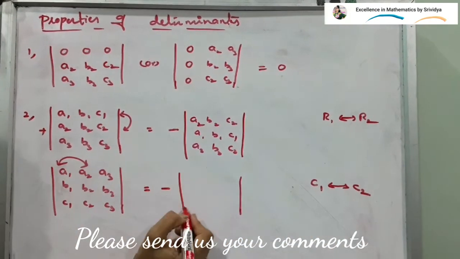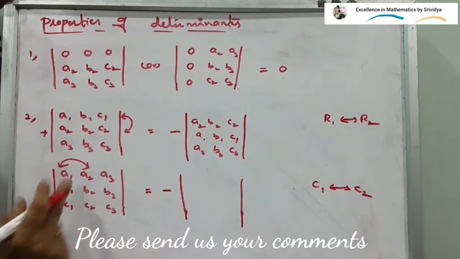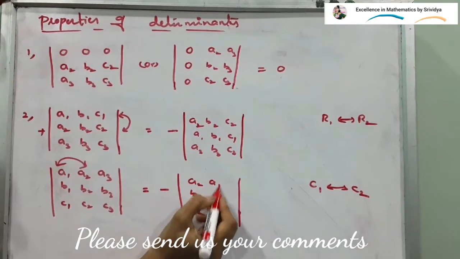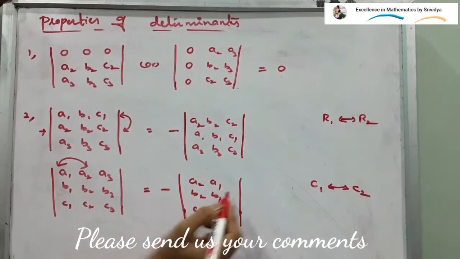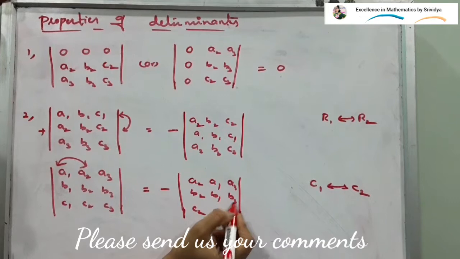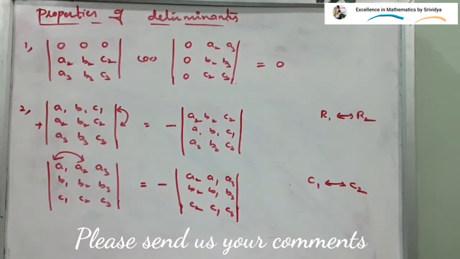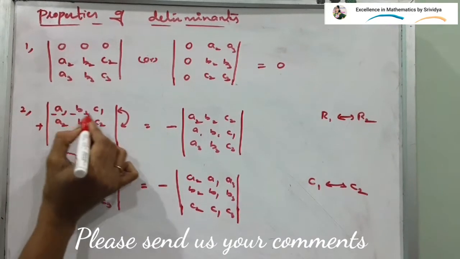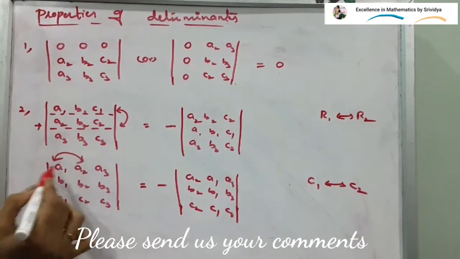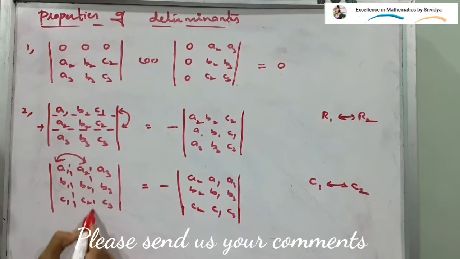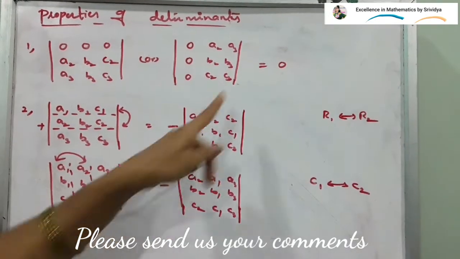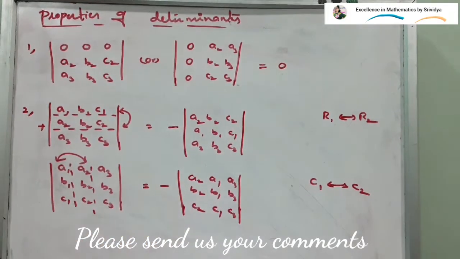Now the second column is in the first column: A2, B2, C2, then A1, B1, C1. The remaining column is the same, A3, B3, C3. If two rows or two columns of a square matrix are interchanged, then the sign of the determinant changes.